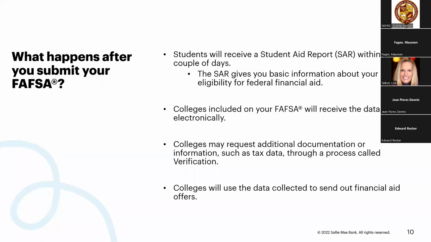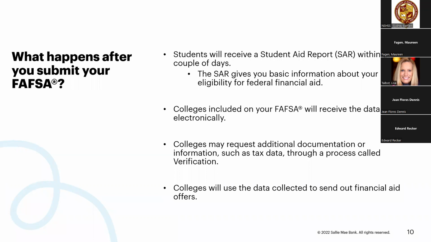Yeah. So it takes a few days for the student aid report to be received, maybe 3 to 5 days. And once you receive the student aid report, then you know that the schools have also received information.